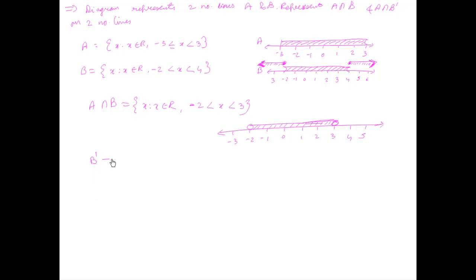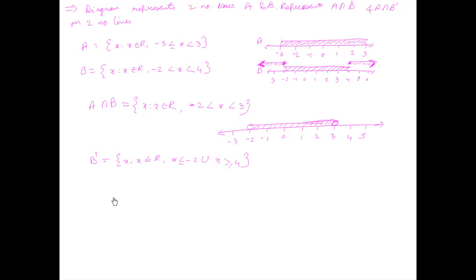That's B complement is equal to x such that x belongs to real numbers, comma, x being less than -2 union, because it's this or that, children, x greater than or equal to 4. That's B complement.